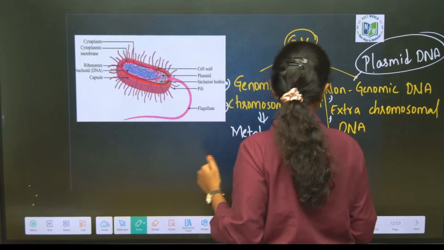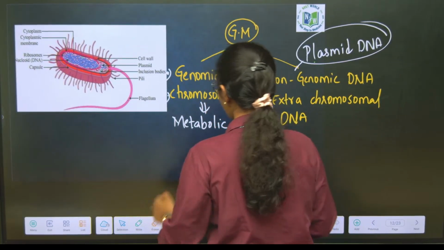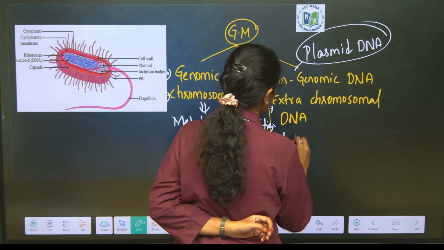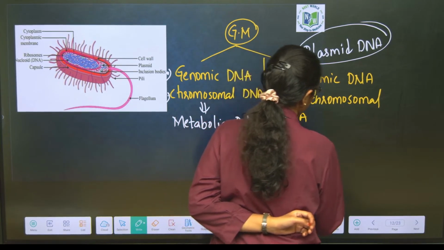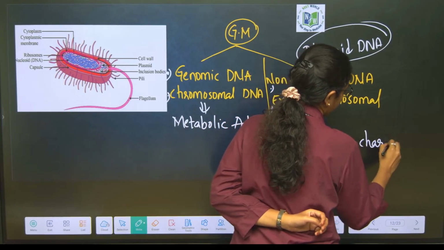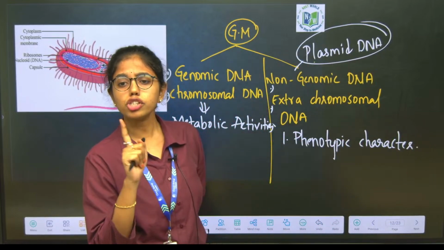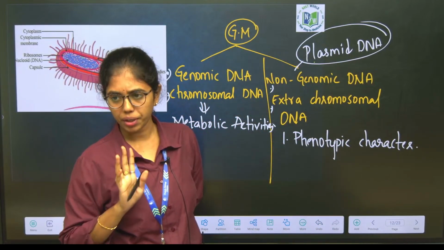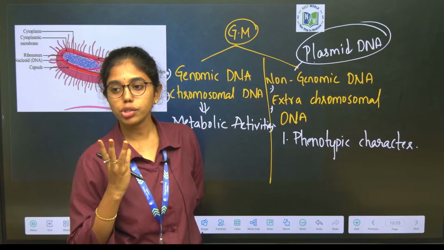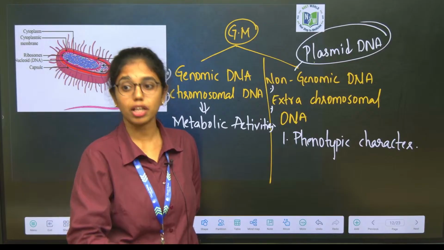So what are the three functions? First, it provides specific phenotypic character to the bacteria. Why specific phenotypic character? It depends on the habitat in which it is living, whether thermoacidophilic conditions, halophilic conditions, methanogens, or inside some other host.